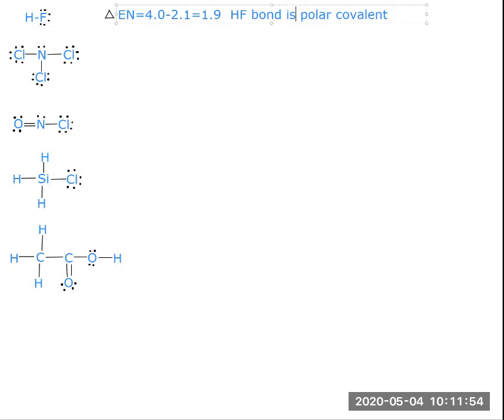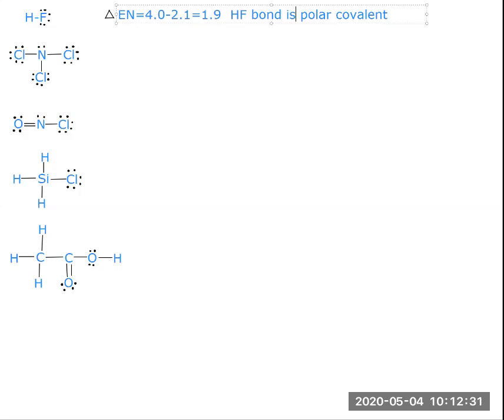So the HF bond is polar covalent, and here it's only one bond, and it's polar. When you have a polar bond, it's good to show the polarity on the drawings. For example, for your lab 3, you will want to do this. Here, because it's just one bond and it's also a molecule, I will show it with an arrow, but for other structures, we'll show it with the little delta pluses and delta minuses.